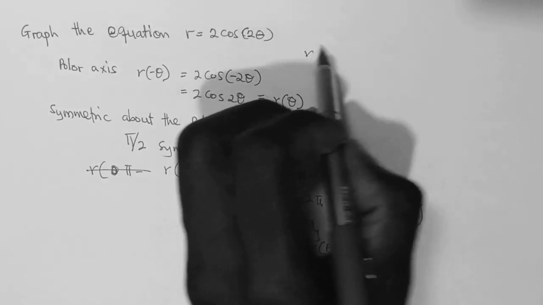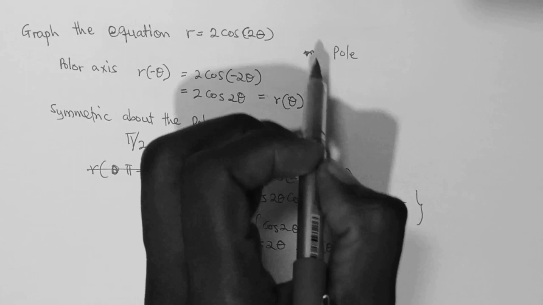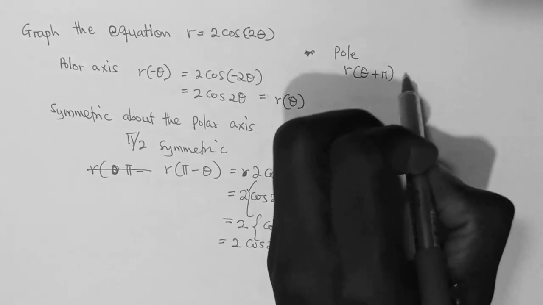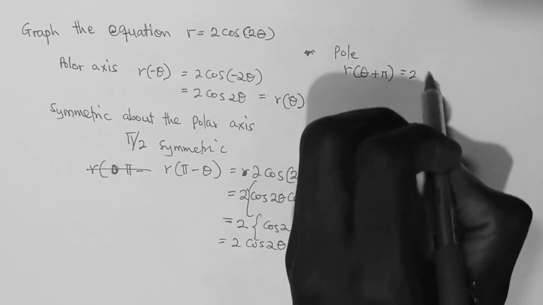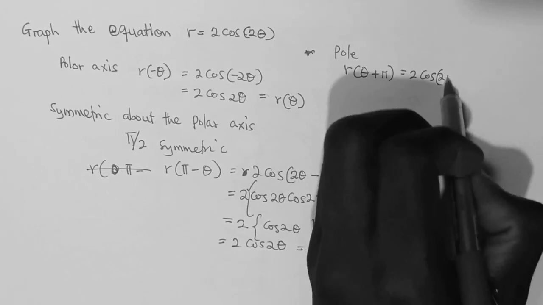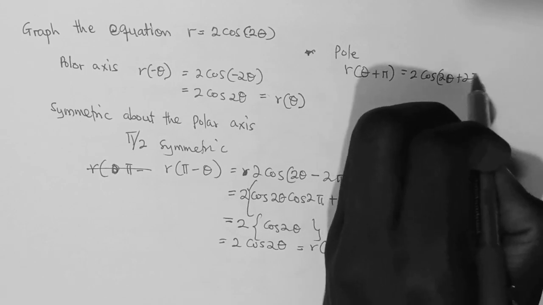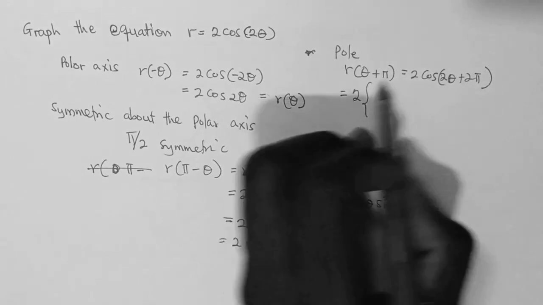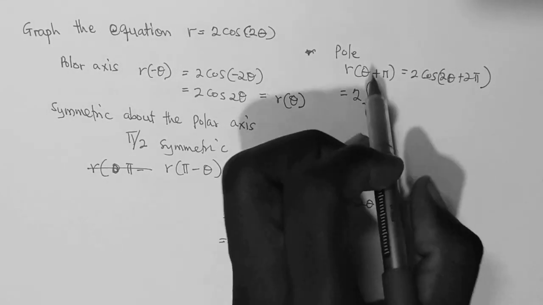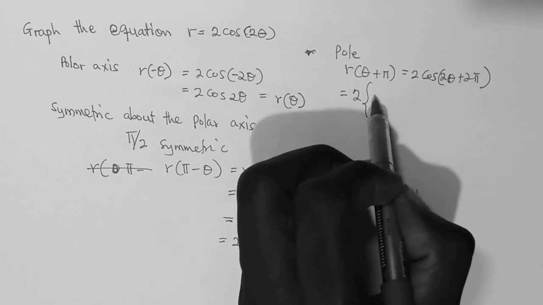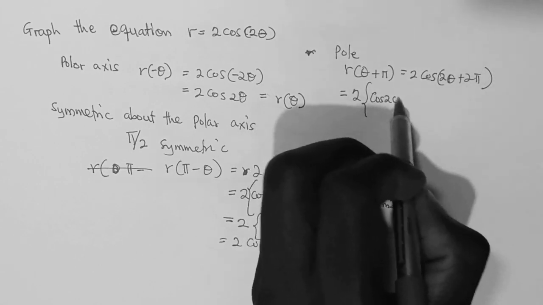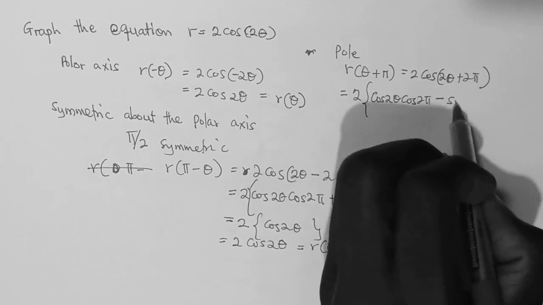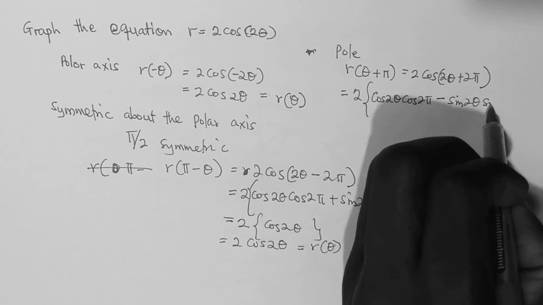And for symmetry about the pole, what we need to do is to look for r of theta plus pi. And this is equal to 2 cos 2 theta plus 2 pi. And this is equal to 2 into bracket cos 2 theta cos 2 pi, then minus sine 2 theta sine 2 pi.